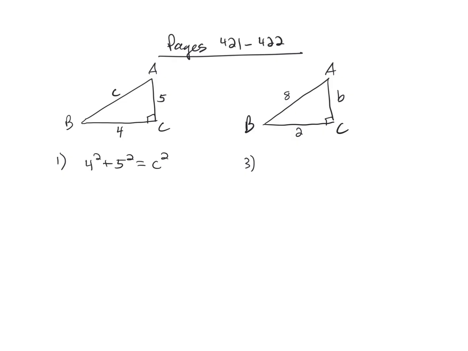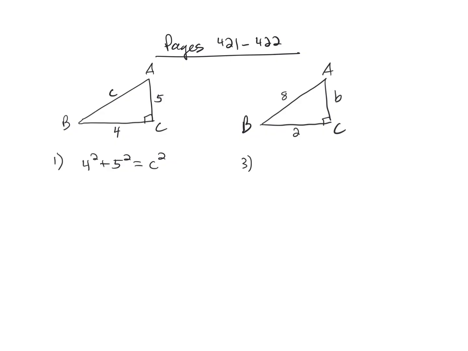The next one, notice that the hypotenuse is given, but one of the legs is missing. Well, the formula is still leg squared plus leg squared equals hypotenuse squared. So in this case, you're going to square your numbers, and you're going to have to subtract 4 from both sides, and we get b squared equals 60.